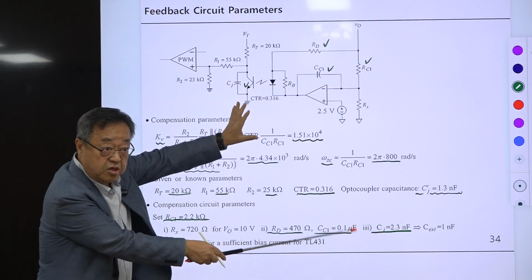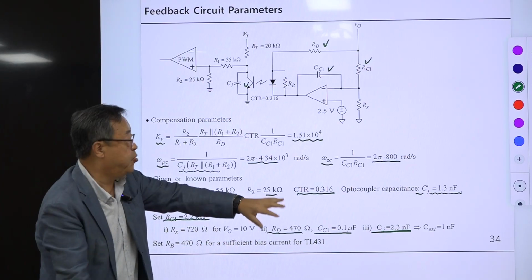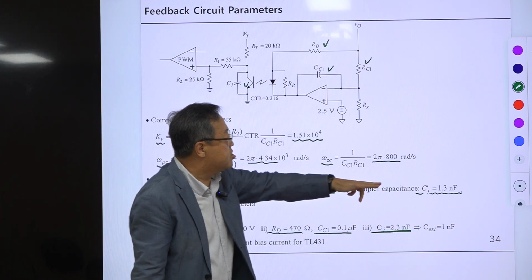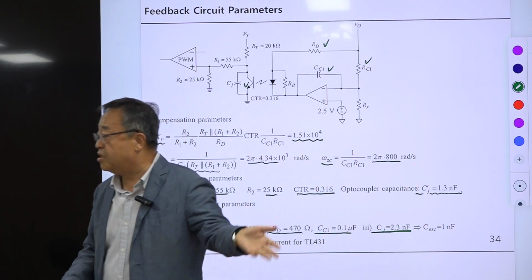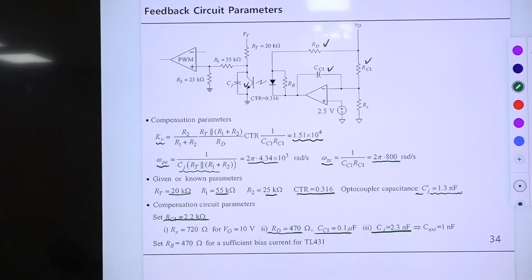Okay, so this is okay, right? If it requires a value smaller than this, then you are in trouble. You should modify something. But this time it was okay. So an external capacitor of 1 nanofarad is added in parallel with the parasitic capacitance of this optocoupler device.